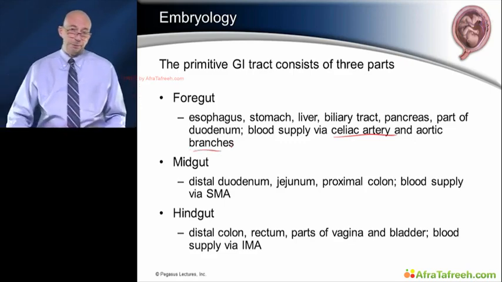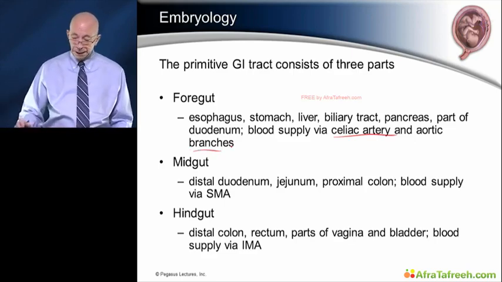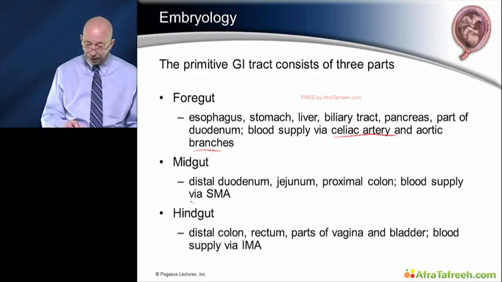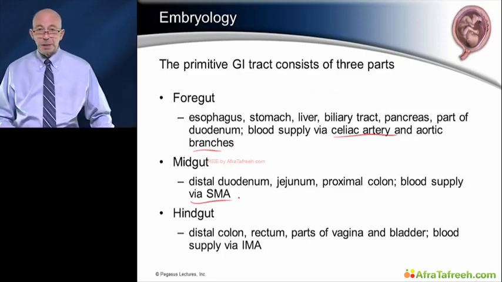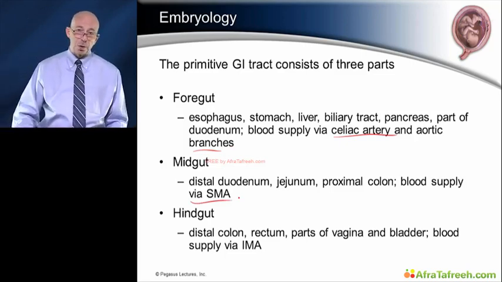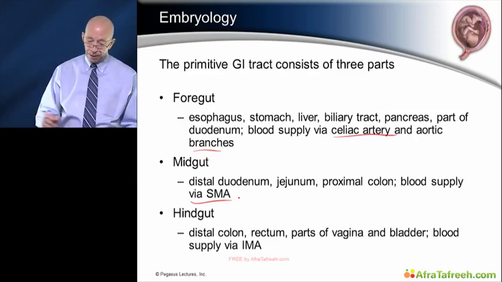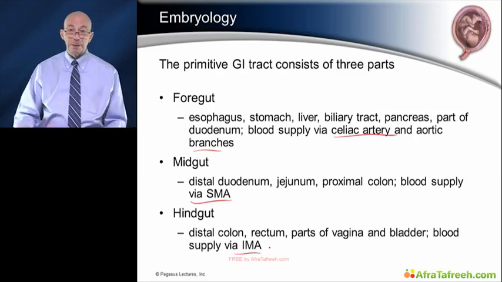The midgut will evolve into the distal duodenum, the jejunum, the proximal colon, and it derives its blood supply via the primitive superior mesenteric artery. And the hindgut, which will evolve into the distal colon, rectum, parts of the vagina and bladder, derives its blood supply via the inferior mesenteric artery.